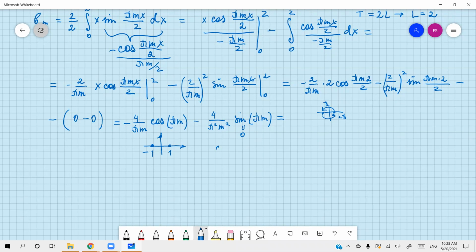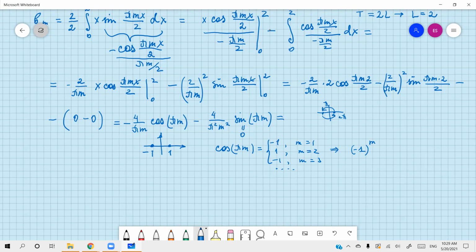Maybe I should write it down: cosine of pi m is going to be equal to -1 for m equals 1, 1 for m equals 2, -1 for m equals 3, and so on. We probably can unify this into -1 to the power of m. How about this? If it's 1, it's negative. If it's 2, it's positive. For all odd powers, it's going to be negative, and even powers are going to be positive.